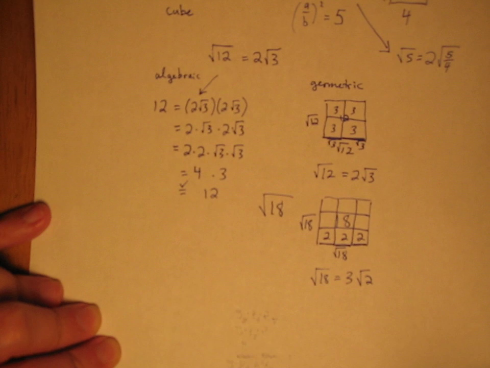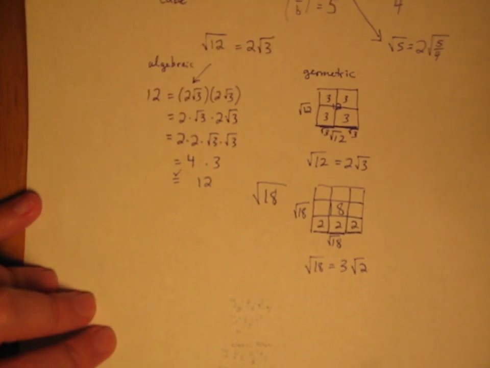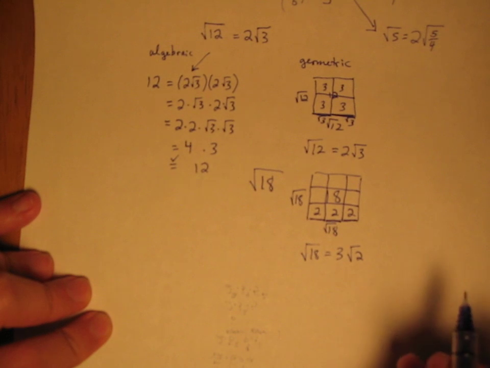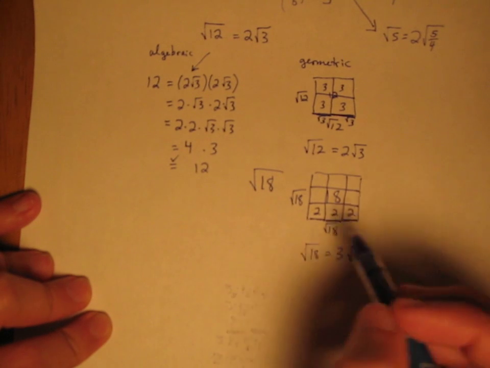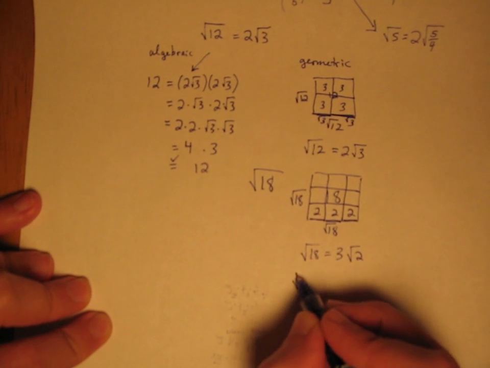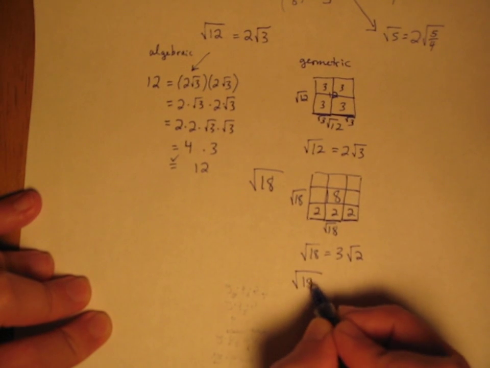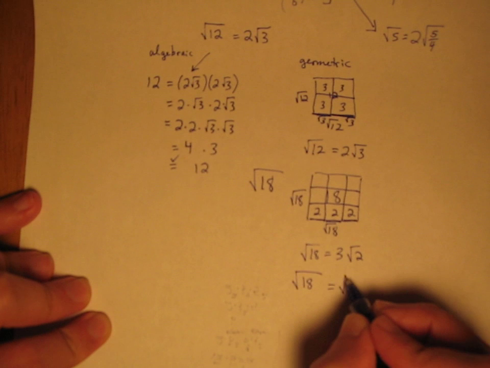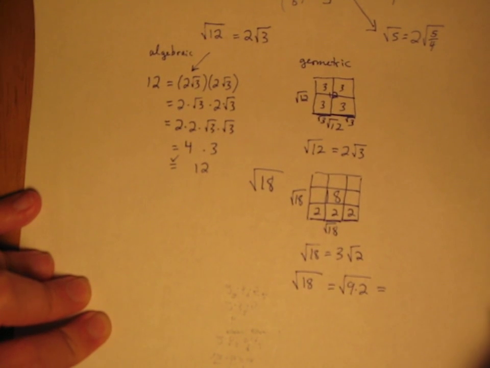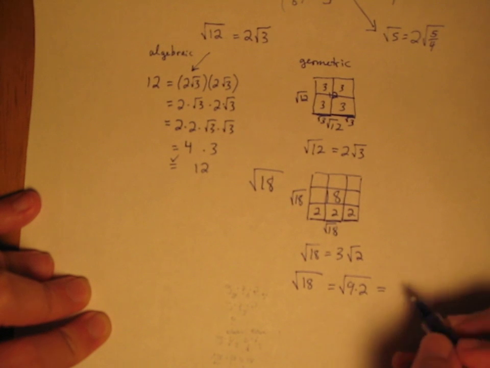So the picture is not necessary once you see what's going on. It's certainly helpful, but it's that square factor that really matters. You can do this in a more arithmetic or algebraic way, skipping the picture and jumping straight to the heart of things. I can write things like this. Root 18 is equal to root 9 times 2, and then I pull the 9 out front and it becomes the 3.